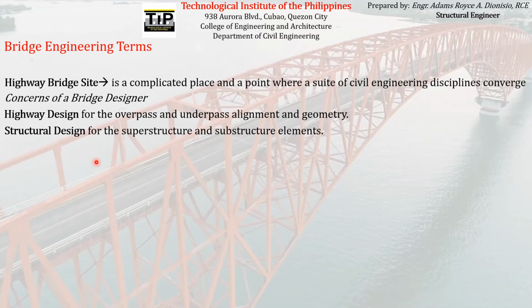For now, we will just state that the bridge designer is concerned with providing adequate strength for the superstructure and substructure to be able to carry the intended loads that we anticipate our bridge will be carrying, meaning the expected volume of traffic that will use our bridge.